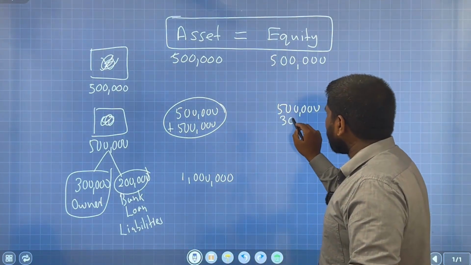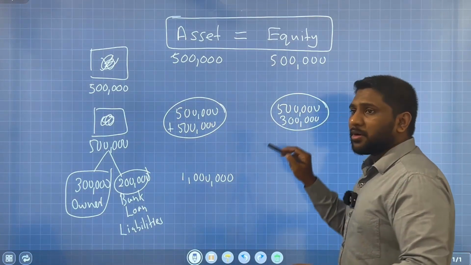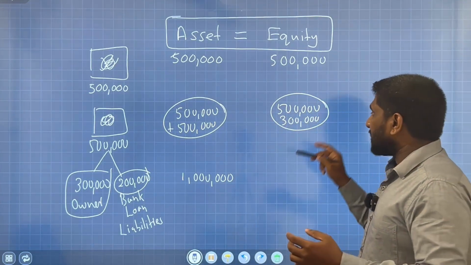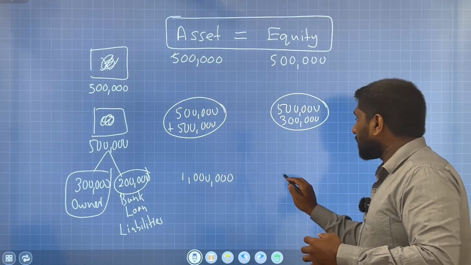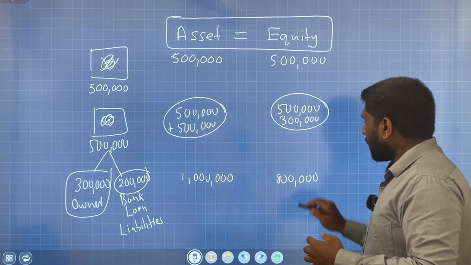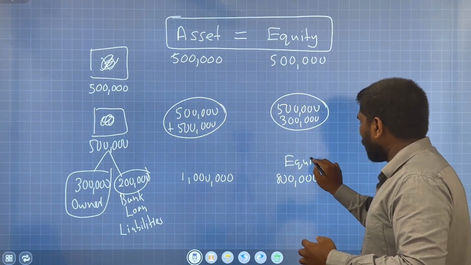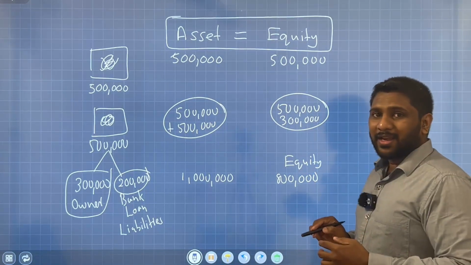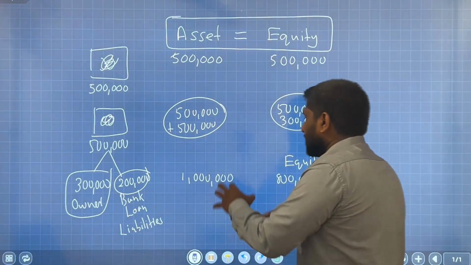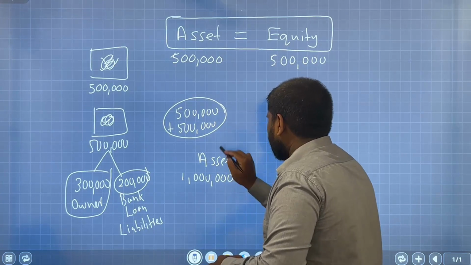So my portion is how much? For the machine number 1, 500,000. For the machine number 2, 300,000. My portion is 800,000. So I told you my portion, we will take it under the equity. Owner's portion, we will call it as equity. Okay. So this is the amount of the assets which is there in the business.